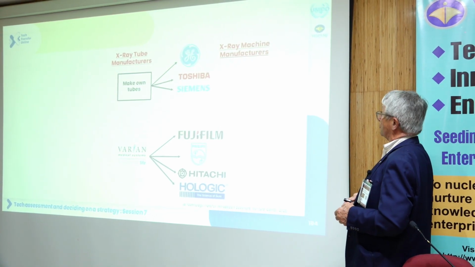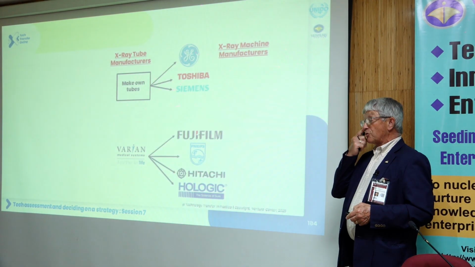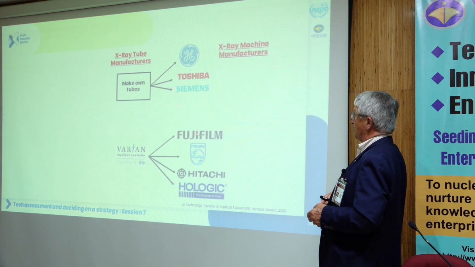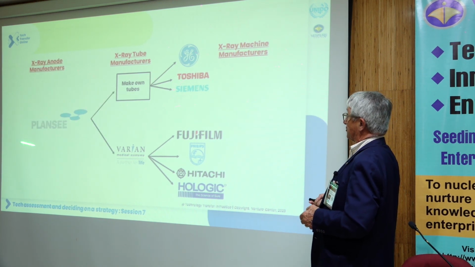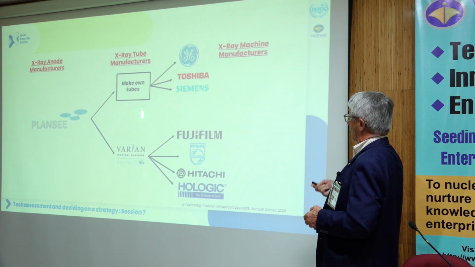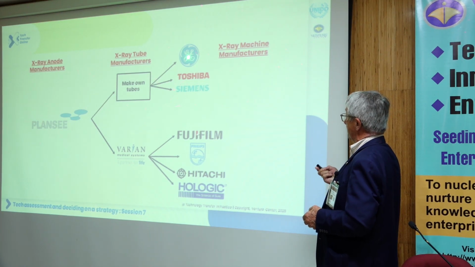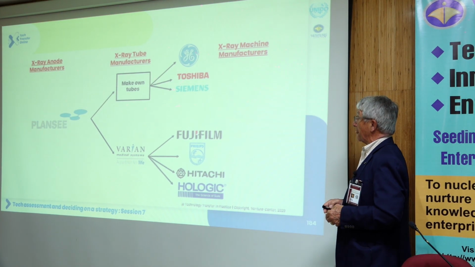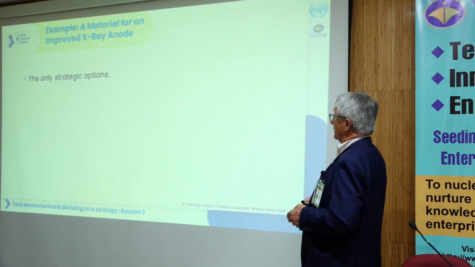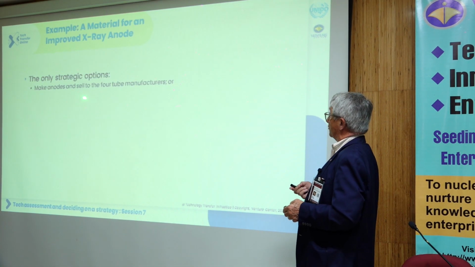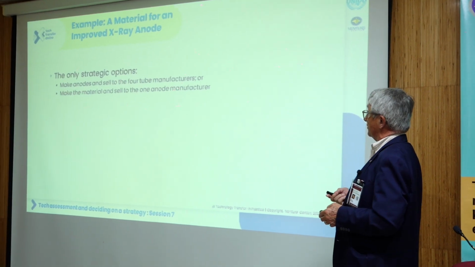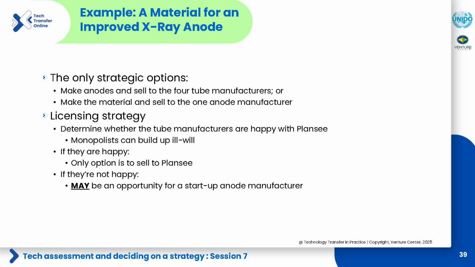And then GE, Toshiba, and Siemens made their own tubes. And then there was only one X-ray anode manufacturer, Plansee in Austria, and of course they sold to these three and to Varian. So your research shows your only strategic options are make anodes and sell to the four tube manufacturers, or make the material and sell to the one anode manufacturer.